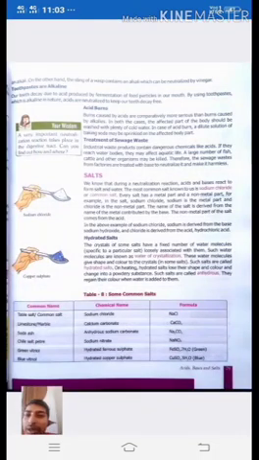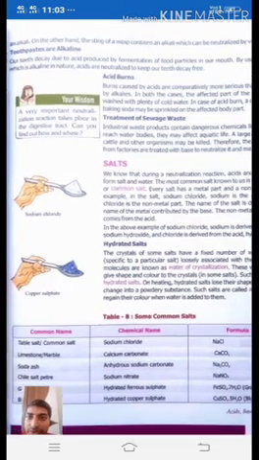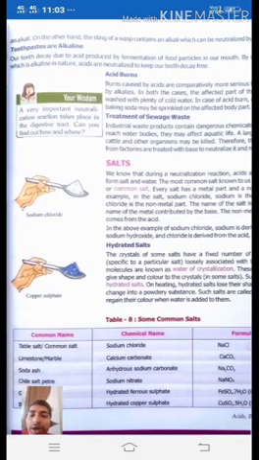On the other hand, the sting of a wasp contains an alkali, which is neutralized by vinegar, right? Toothpastes are alkaline. Suppose when we are sleeping at night, because of sugary substances, food is stuck in our teeth, and our mouth is shut for the night, right?